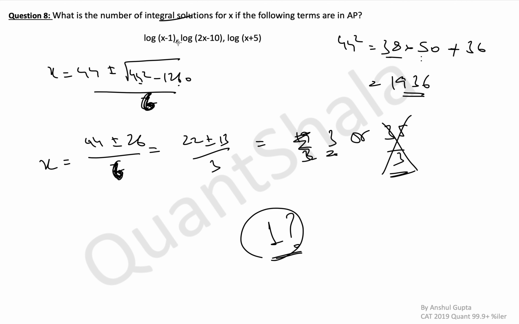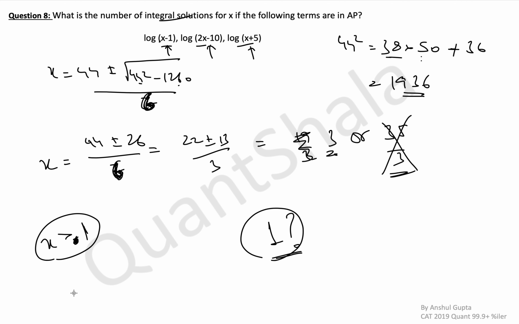No. We have to check for the domain of log always. We have done this many times in the past, many quizzes, many mock tests. So you should be knowing this by now. So we have to make sure that all of these terms are positive because the domain of log is that the argument should be positive. So x minus 1 being positive means x is greater than 1.